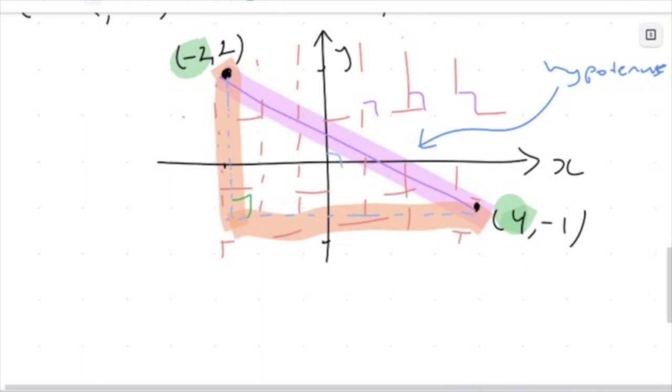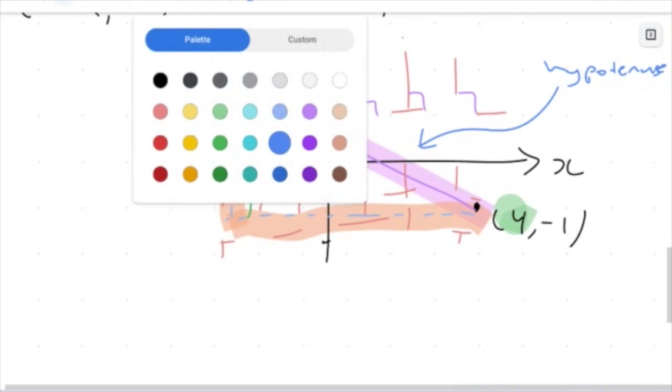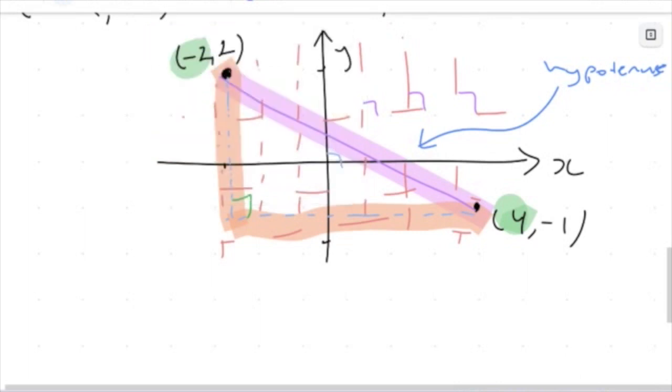So from here to here, from -2 to 0 is 2 units. And then from 0 to 4 is 4 units. What's my total length? Well, I want to add these together. So my total length between my -2 and my +4 is going to be 6 units in length.